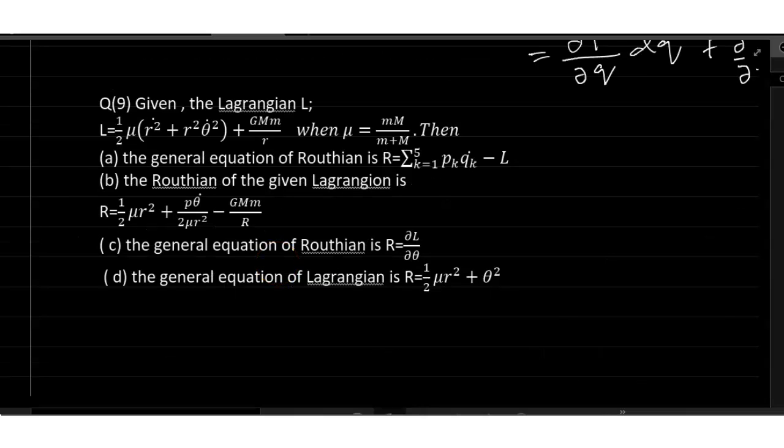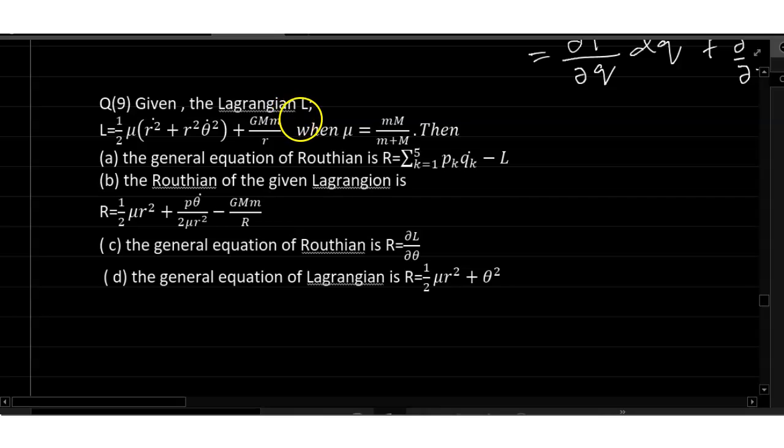Next problem: given the Lagrangian L = ½ μ ṙ² + GMm/r, where μ = Mm/(M+m). Then the general equation of the Routhian. Let me start to write the solution.